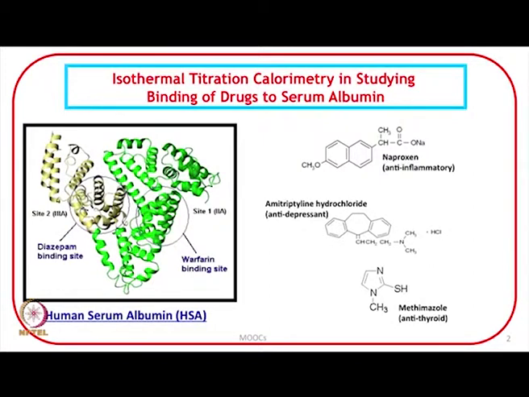Now, suppose that the ligand is able to establish ionic interactions at the binding site. What kind of experiments can be designed so that this ionic interaction between the incoming ligand or drug molecule and the protein binding site can be reduced?